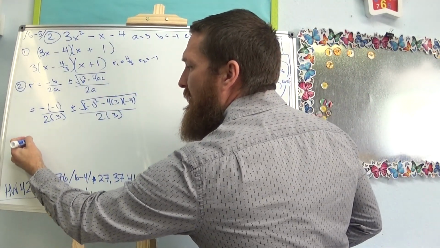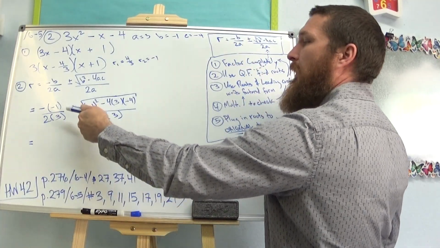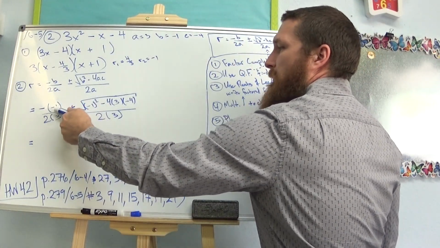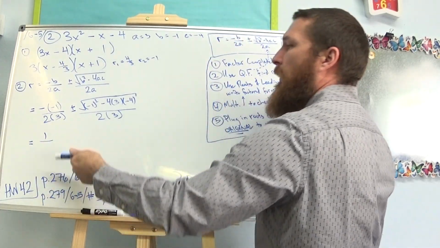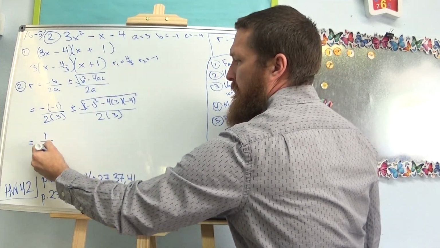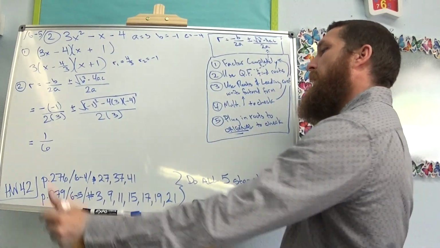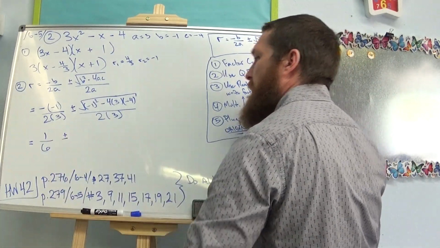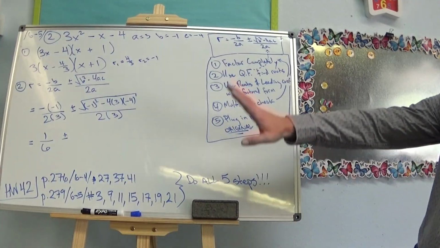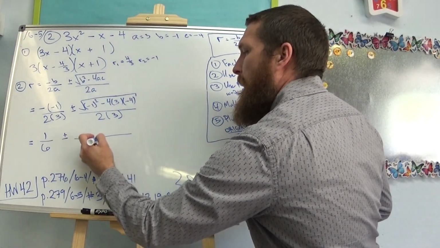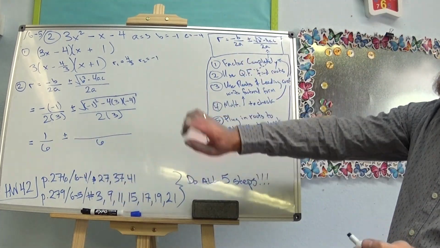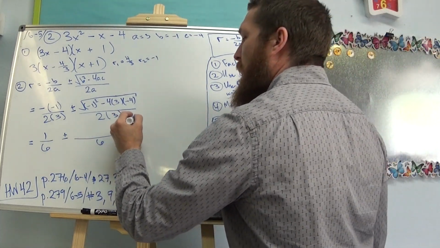Now I'm going to see if there are some simplifying things I can do here. A negative negative is a positive, so I'm just going to write that as 1 over 2 times 3, which is 6. Just like that. Now I have my plus or minus.